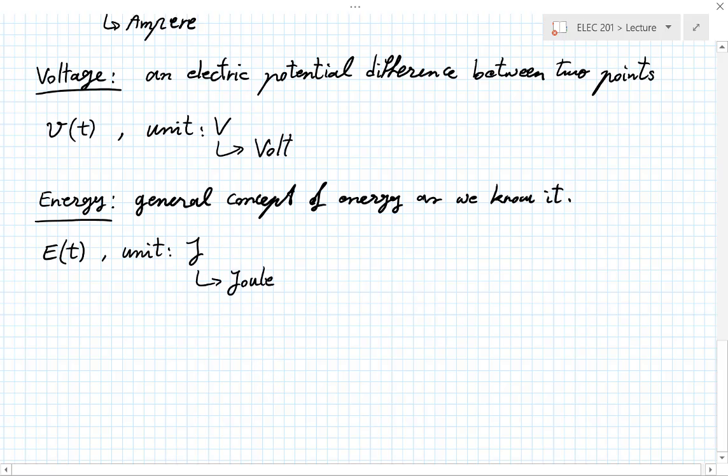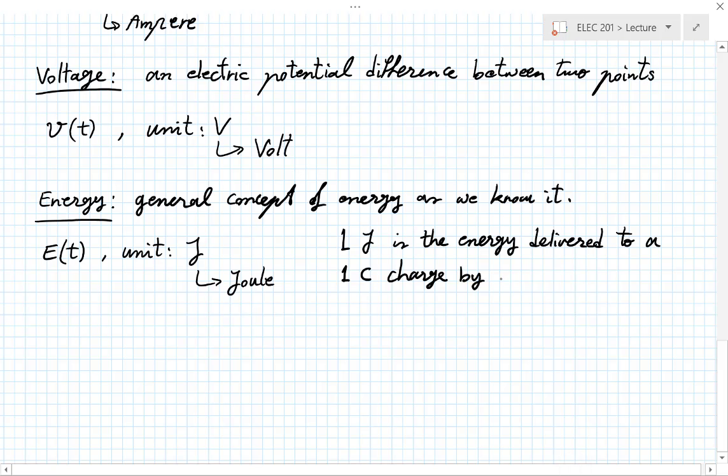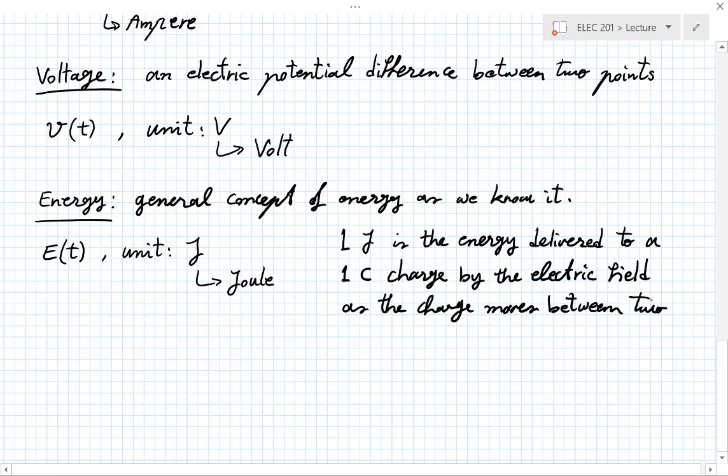Now, what's important to keep in mind is that 1 joule is the energy delivered to a 1 coulomb charge by the electric field as the charge moves between 2 points with 1 volt of voltage.